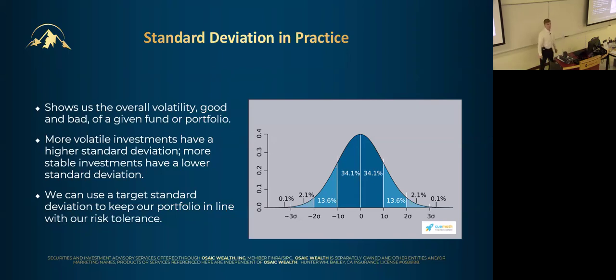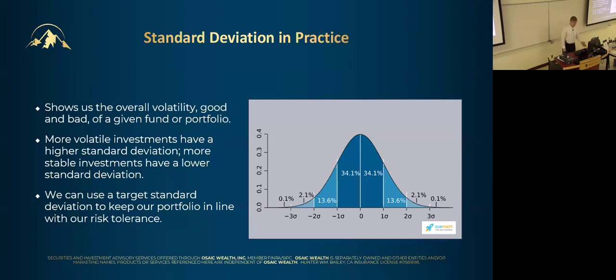It seems like you can tell the standard deviation by looking at the graph. Is it going way up and way down? Right, that's a very intuitive way to figure out how volatile this is. Exactly.